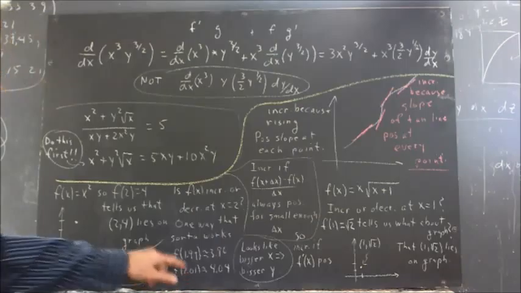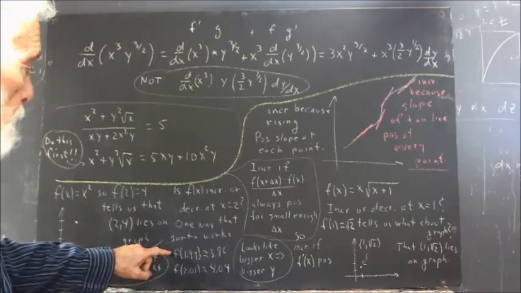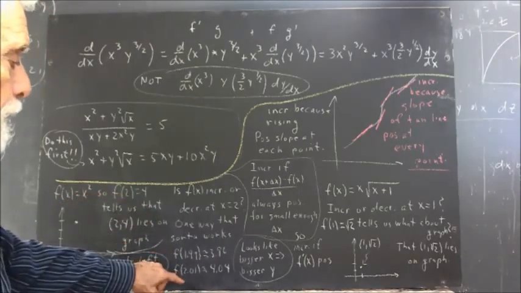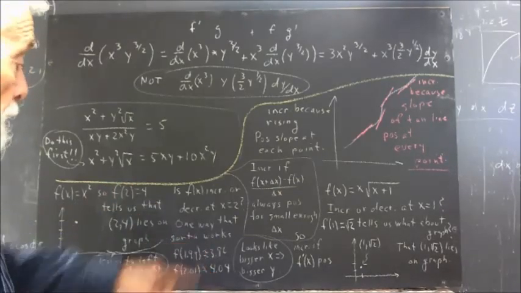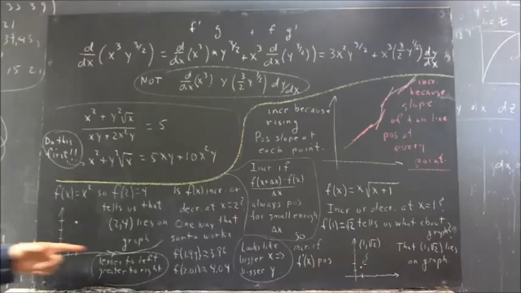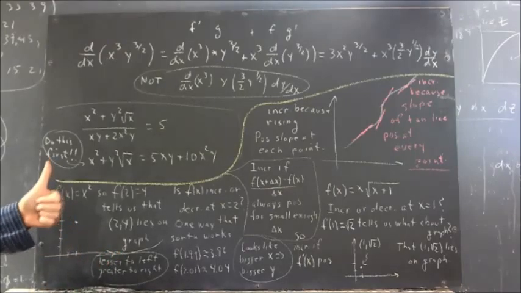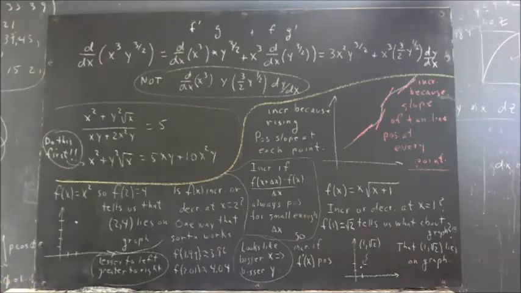Each y value is bigger than the last, so going left to right our y values are increasing. That tells us with pretty good certainty that this function is increasing when x equals 2.